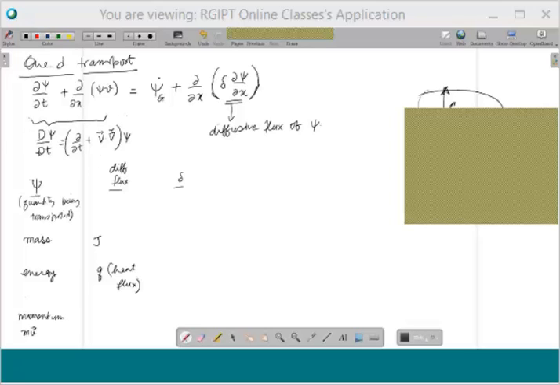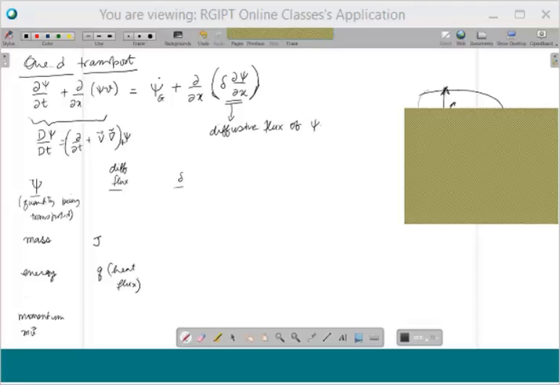So this is nothing but the material derivative. Is that what you want to ask? I mean, the left hand side, what I have here in this balance equation, is nothing but a material derivative.